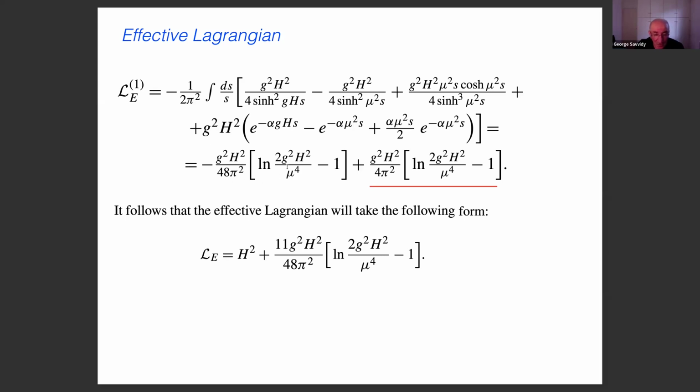This is the contribution of positive modes, and this is the contribution of zero modes. So if we sum this expression, we get the expression which we had before. So amazingly, this again sums up into the A11 g squared a squared over 4 pi squared, as it was before, without any imaginary term.